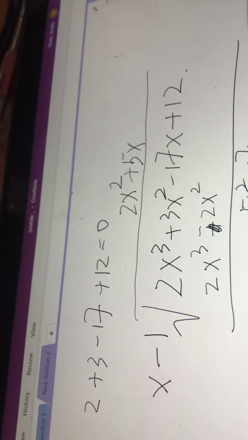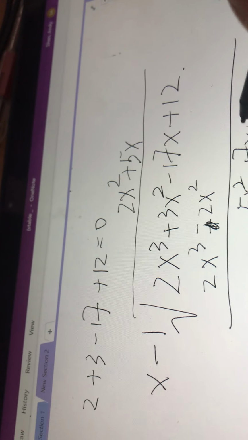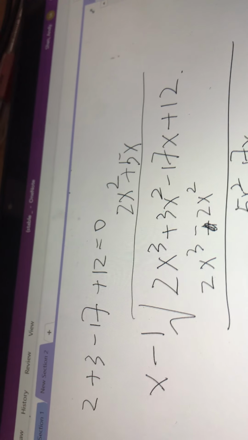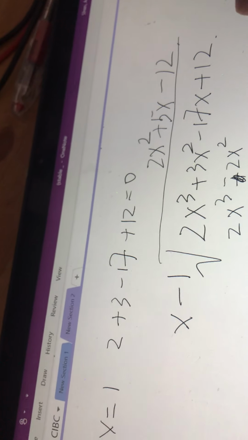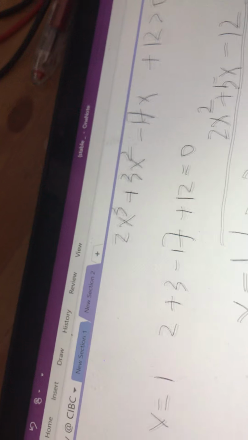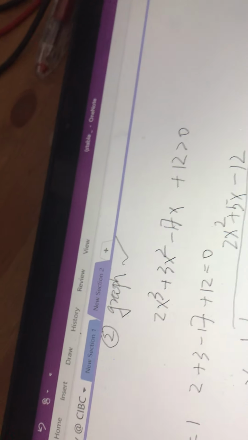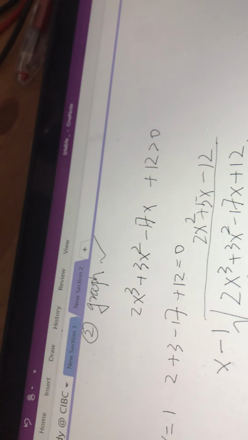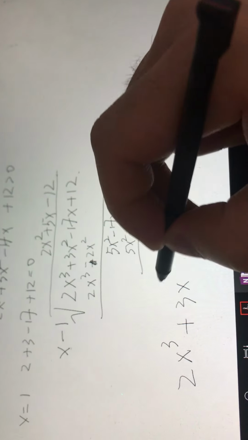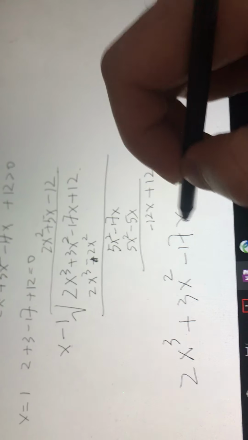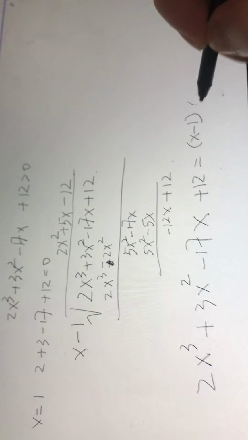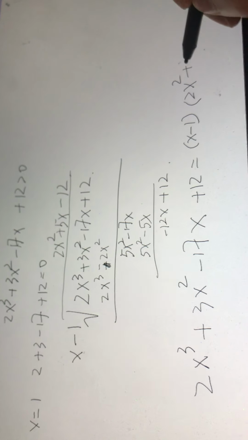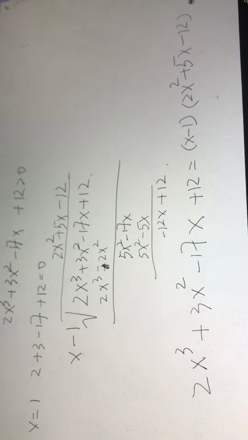Upper minus lower one, which means 2x cubed plus 3x squared equals, right?